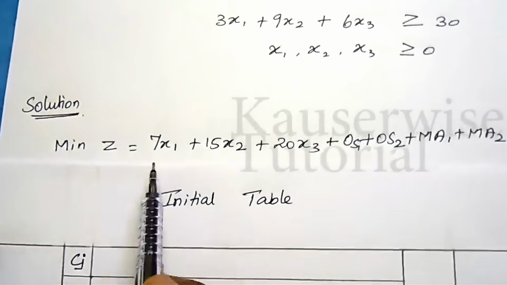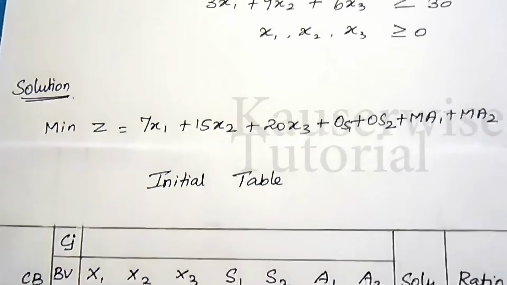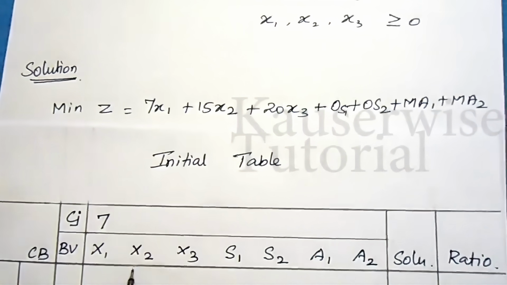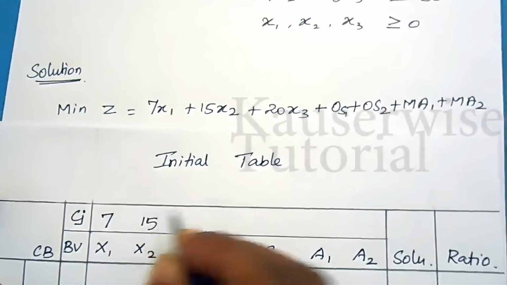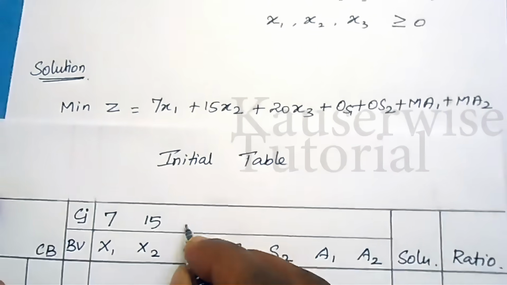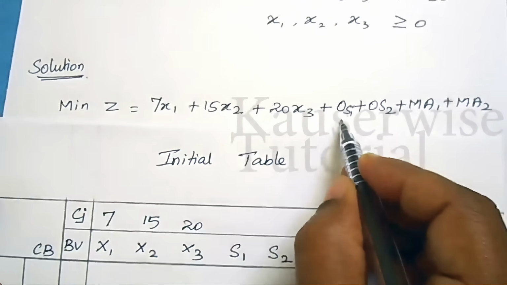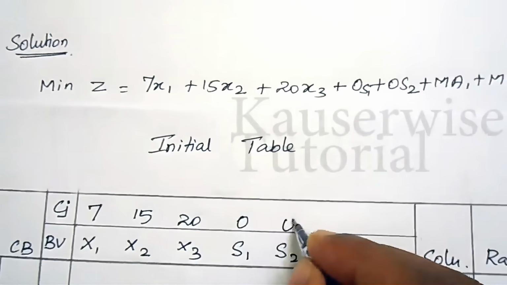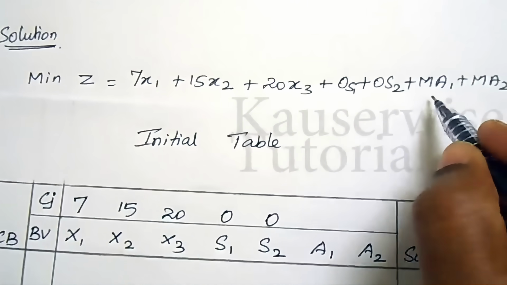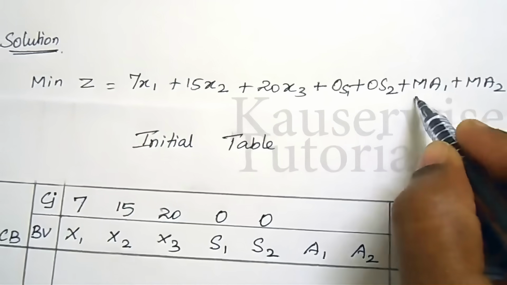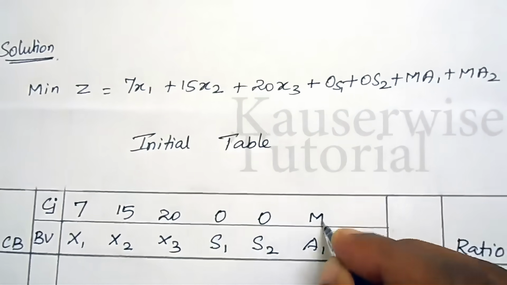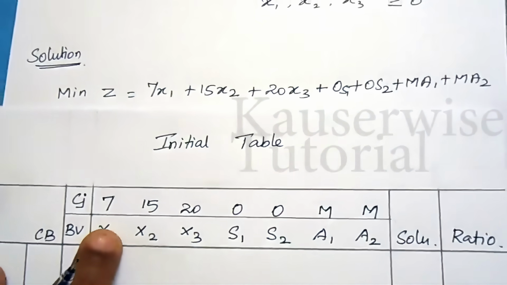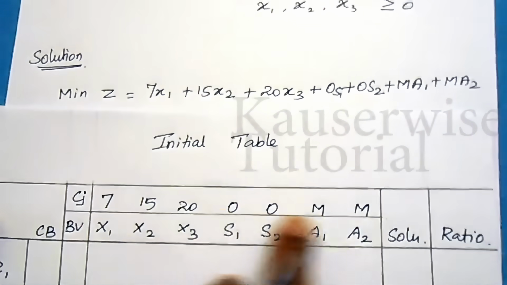Look at the objective function: 7x1, so x1 is there, write 7. 15x2, write 15. 20x3, 20. 0 s1, 0. 0 s2, 0. And for artificial variables, the most positive value, that is M. For a1 M, for a2 also M. So these are the coefficients of the objective function.